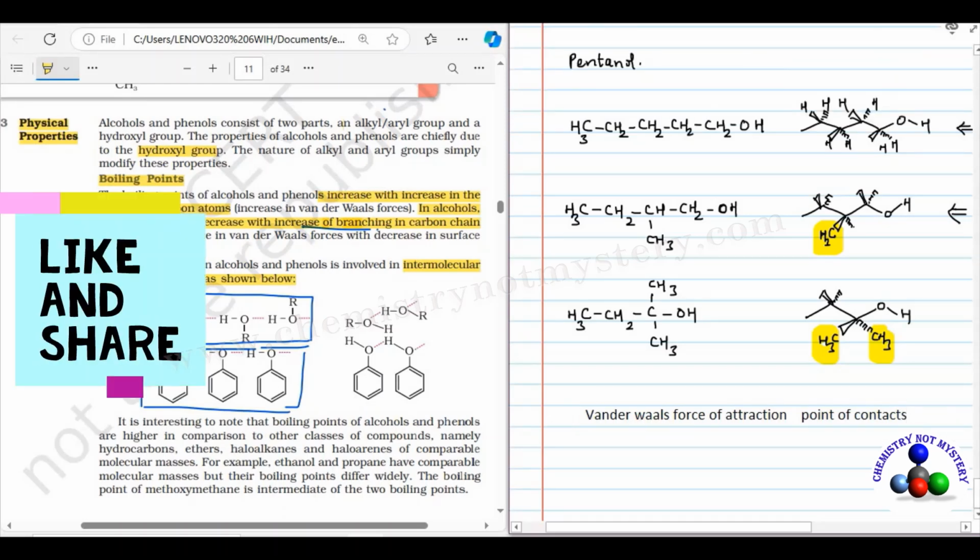When there are more points of contact, there will be more van der Waals force of attraction. So here the force of attraction is directly proportional to the points of contact.